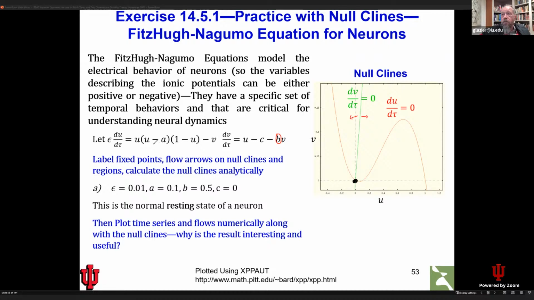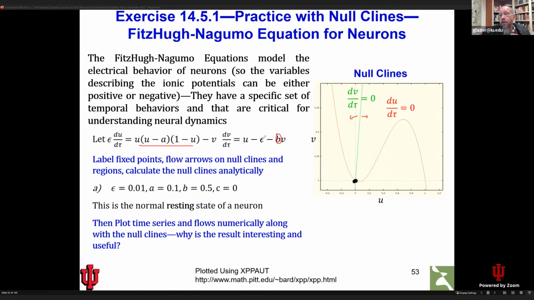Because the U-nullcline is a little hard to evaluate. Well, it's actually not hard to evaluate. The U-nullcline is just V equals this, right? So you can actually do it analytically very easily. If I sweep U and set V equal to U times (U minus A) times (1 minus U), I get the U-nullcline. I don't have to do any fancy math.